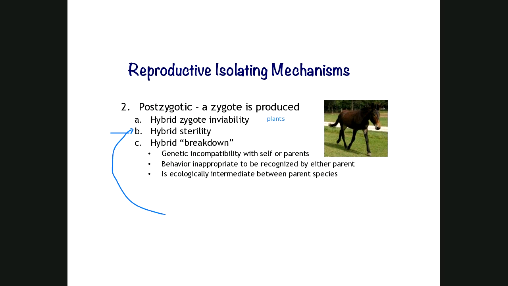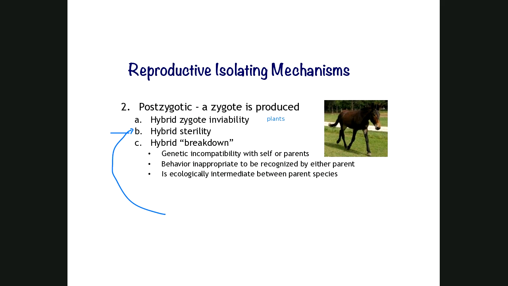Then letter C is what we call hybrid breakdown, and hybrid breakdown is also in plants. In hybrid breakdown, the offspring of the hybrids have reduced viability or fertility.